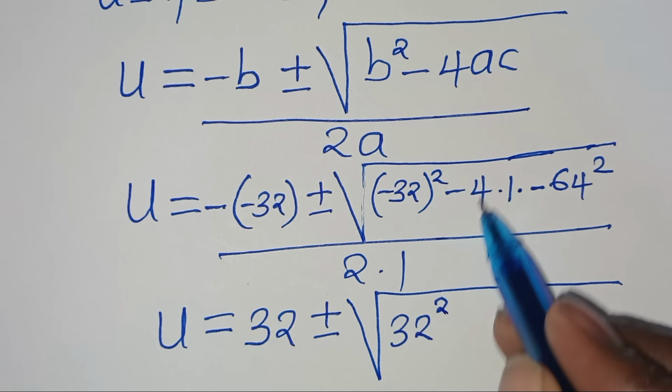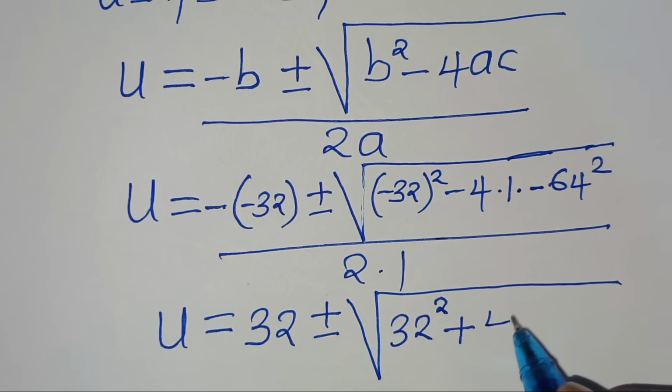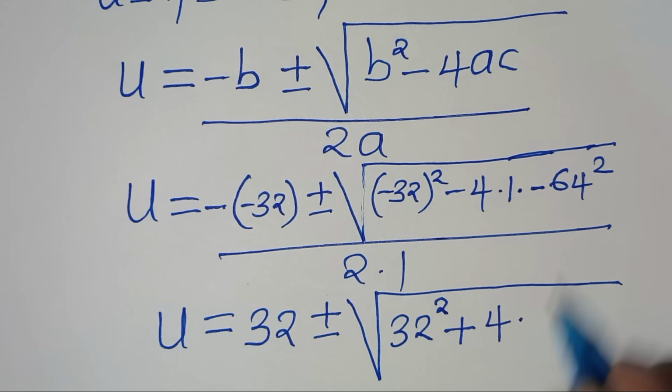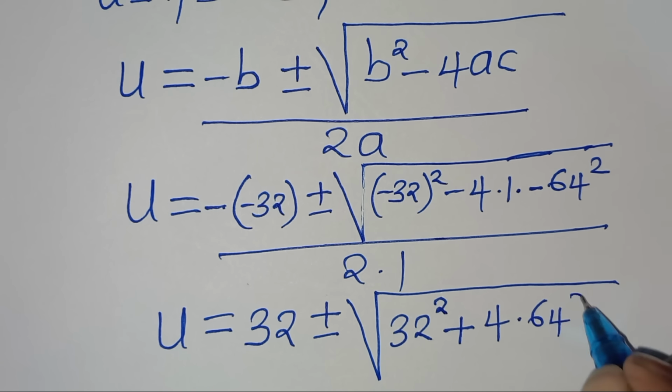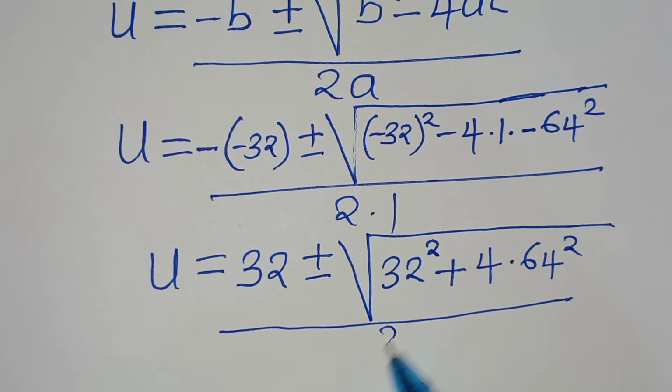Now this is negative times negative. This becomes plus 4 multiplied by 64 raised to the power of 2. Then divided by 2 times 1, which is 2.